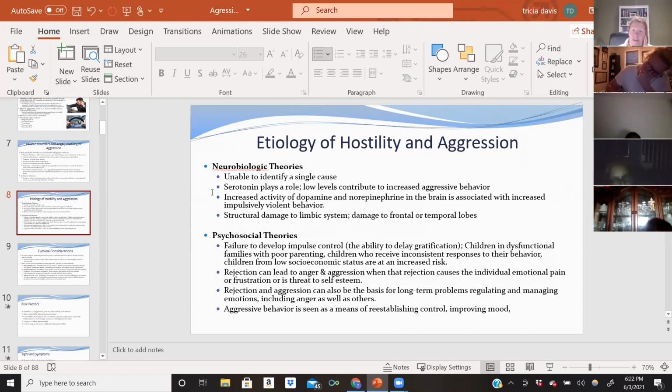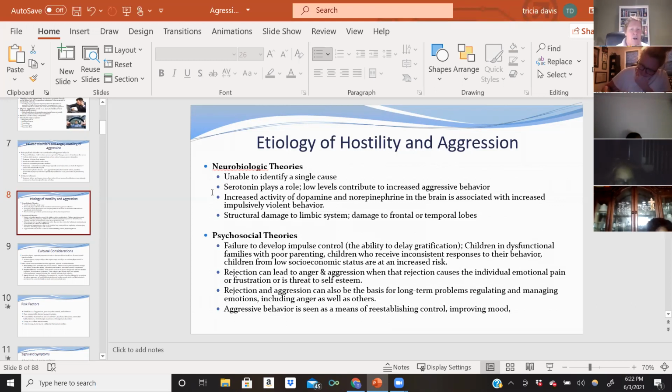They also have discovered that increased activity of dopamine and norepinephrine in the brain is also associated with increased impulsive, violent behavior. Any kind of structural damage to the limbic system, any kind of damage to the frontal or temporal lobes can also cause issues with hostility and aggression.